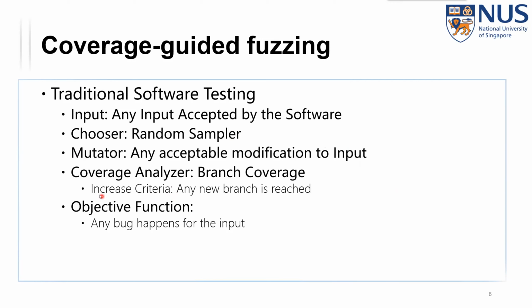So the increase criterion is that any new branch is reached. And the objective function, as mentioned, for software is usually any bug happening for the input, like abnormal behavior or even a program crash. So that's traditional software testing.